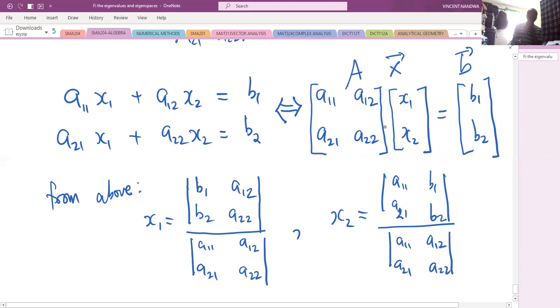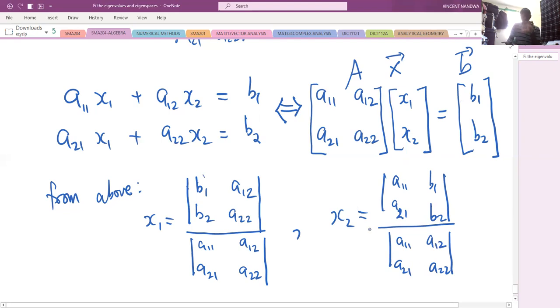So to solve for the first unknown is simply the determinant of a 2 by 2 determinant formed by replacing the first column by the constants vector, and then maintain the other column from the coefficients matrix, and then divide by the determinant of the coefficients matrix the way it was. Similarly, for the second variable, we replace the second column by the constants vector, fix the first column to be the same as what we had in the original matrix A, and then divide by the determinant of the original matrix.